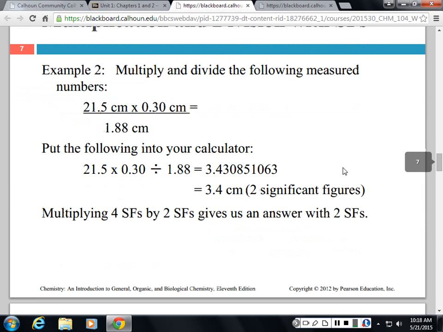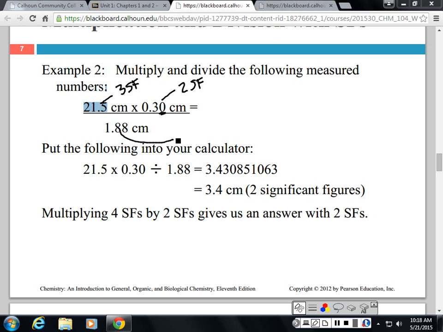If you had to multiply and divide, look at all of your numbers. We have 3 significant digits. We have 2. Remember a trailing 0 after a decimal is significant. And here we have 3. If you put this in the calculator, you can do it in parts or put it all in there. You're going to get a really big number.